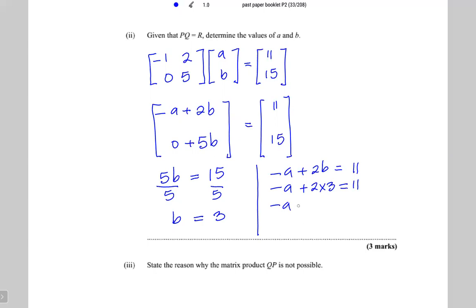Minus A plus 6 is equal to 11. 6 minus 11 is equal to A, and so A is equal to minus 5. So A is minus 5 and B is 3.